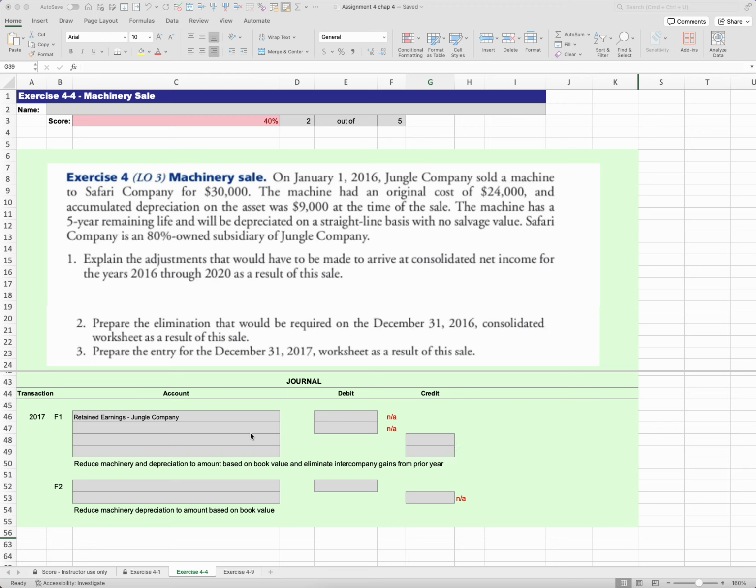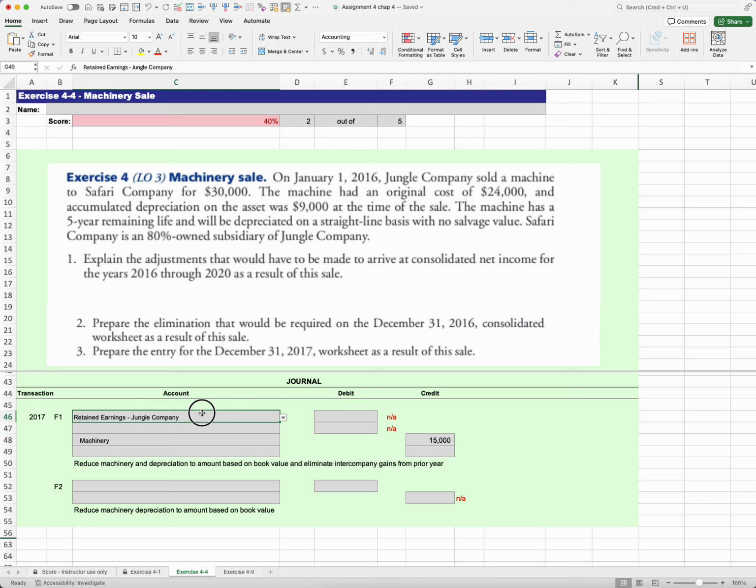So again, we're going to want to reduce the value of the machinery by the $15,000 that was inherent in that machine, which again should be a credit here to machinery for 15,000.